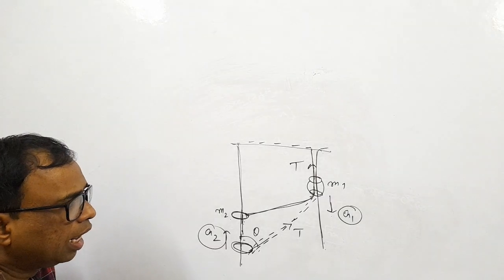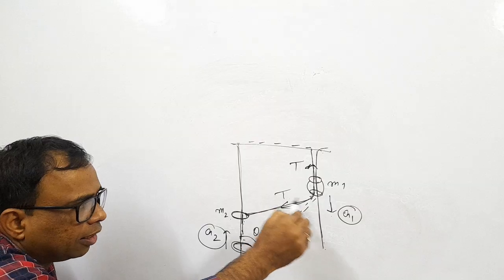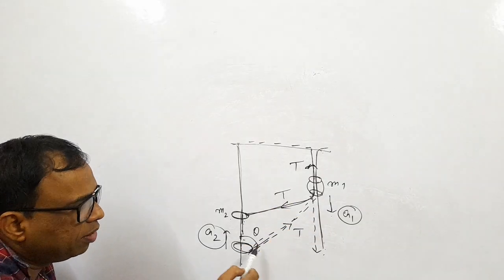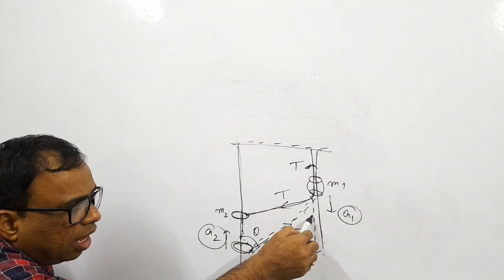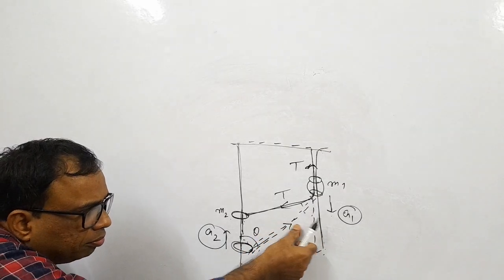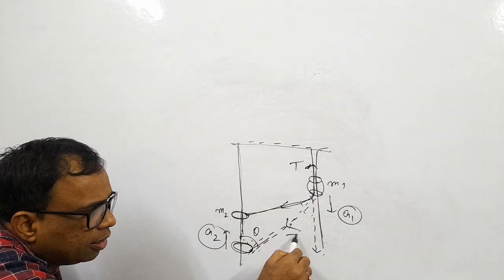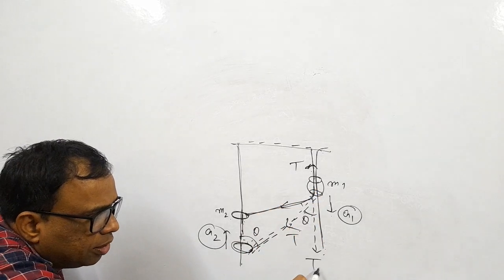The component of this T, if the angle is theta, will be T cos theta.